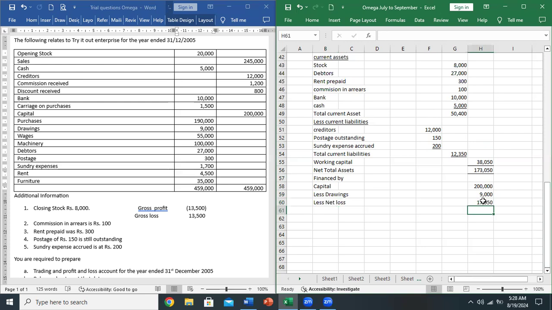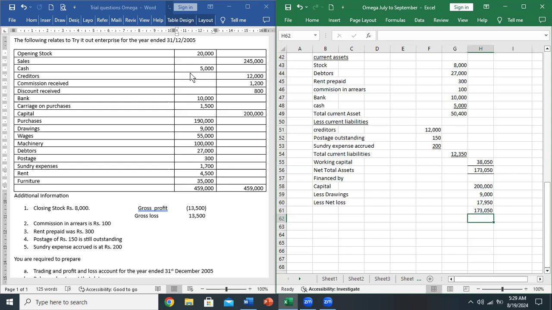Okay. So let's do it and see what we get as the closing capital. We are getting 173,050. Remember, the last thing is for any long-term liability, which is loan.